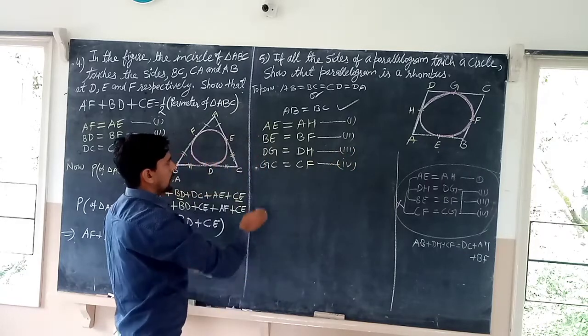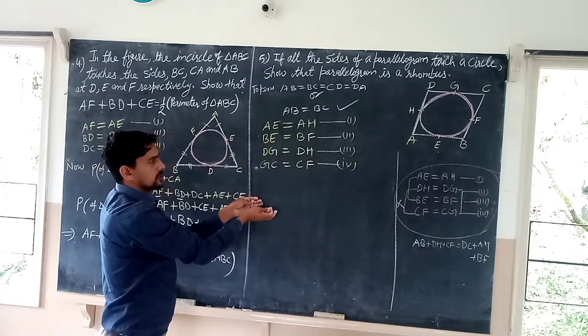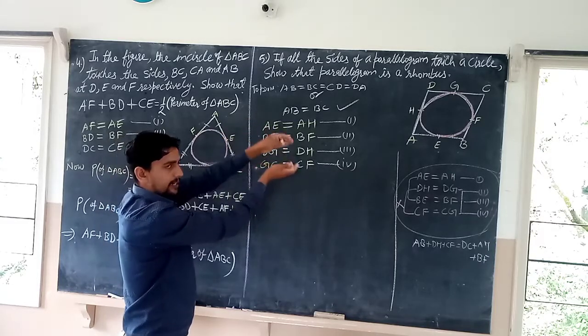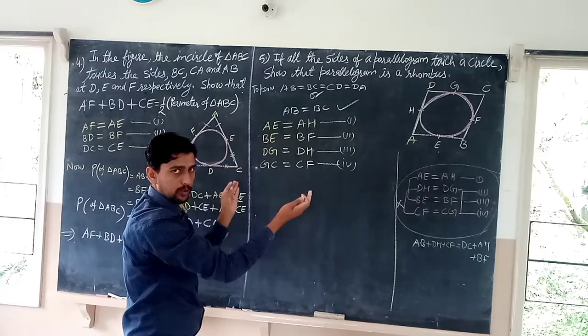Right? So if you add all these equations, as you know, we add the left hand side and we add the right hand side, because this is a balanced equation.